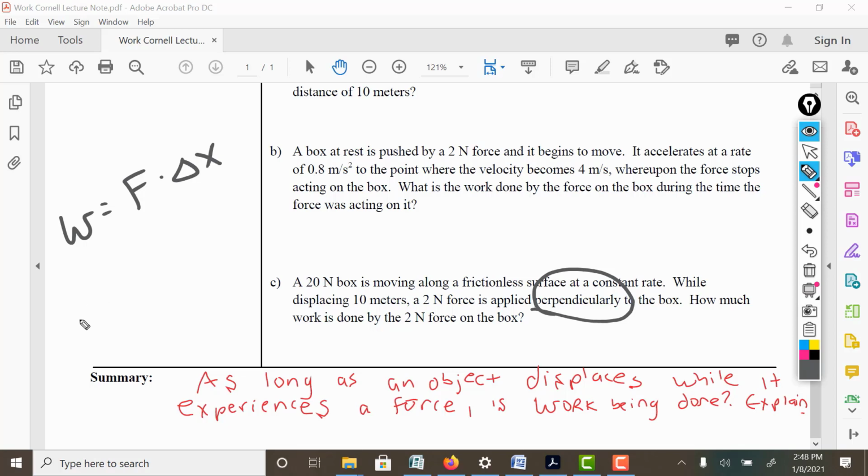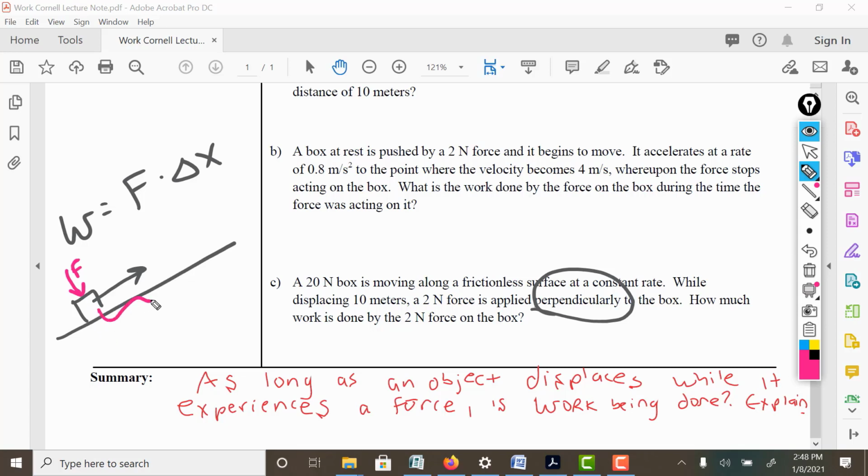Okay, because if you think about it, if an object is moving in this direction, and all of a sudden I push down on it, this force, this pink one that I drew, is not displacing it in the y-axis, and is not doing anything to help it along the x-axis either. So if I apply a perpendicular force, the displacement is not going in this direction.